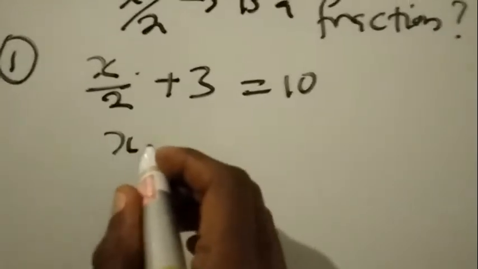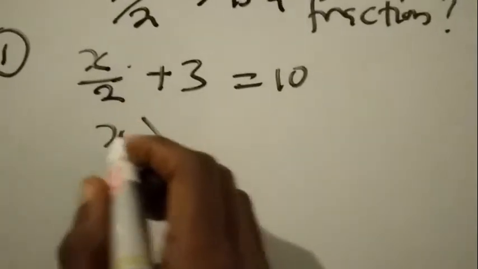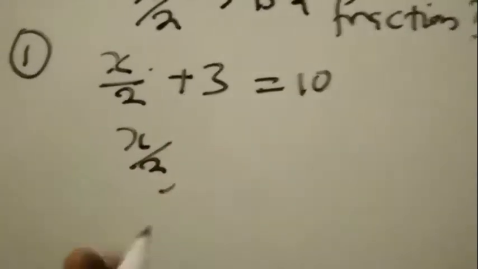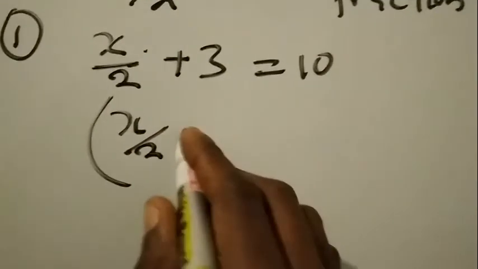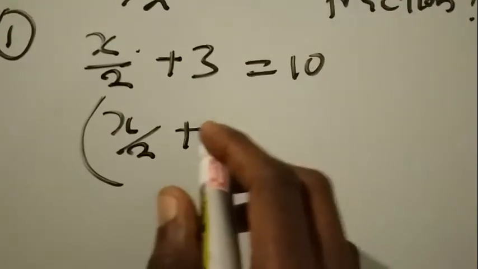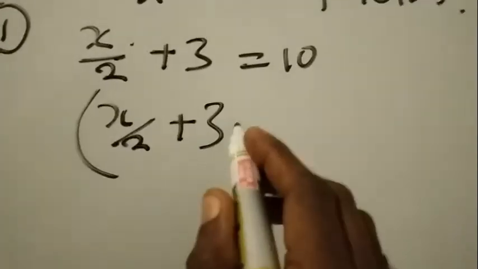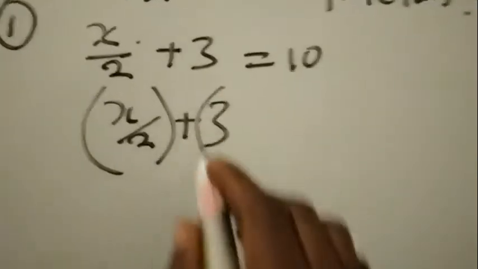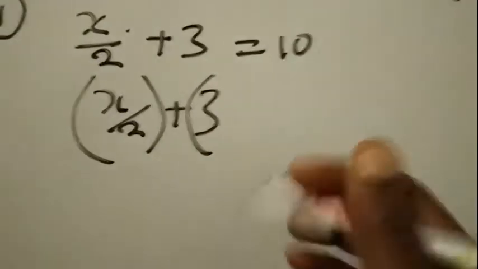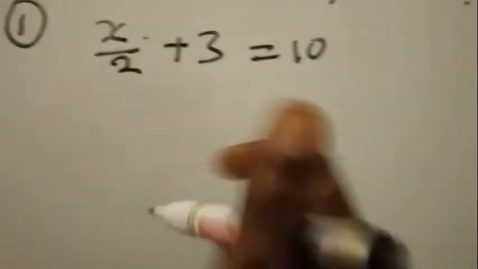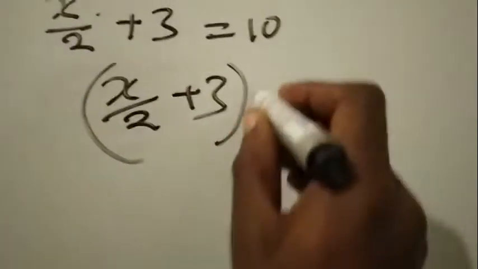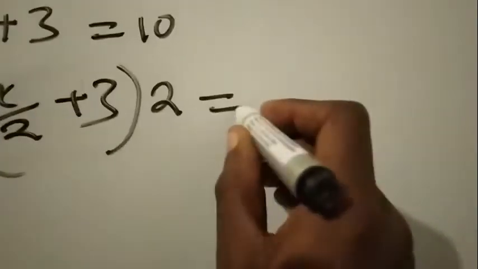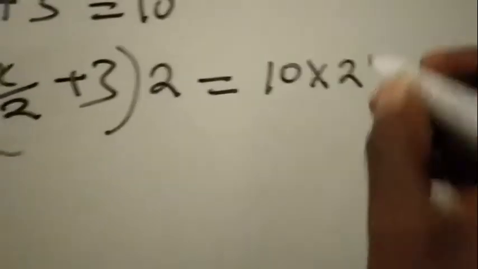So x over 2, you multiply both sides by 2. Okay, x over 2 plus this, you multiply by that, and also 10 by 2.